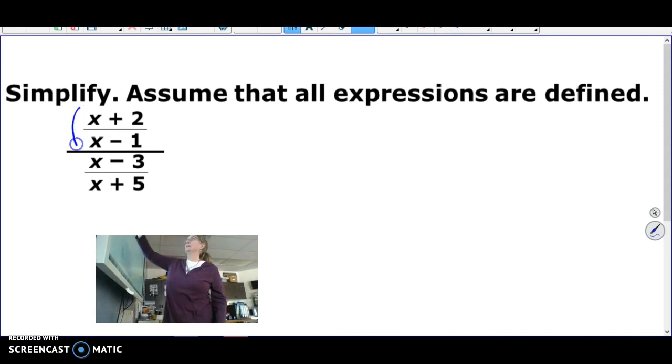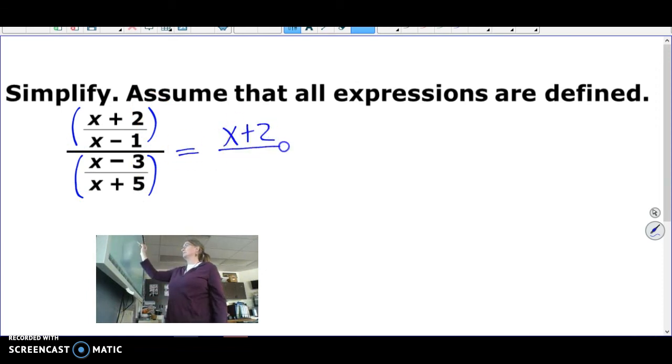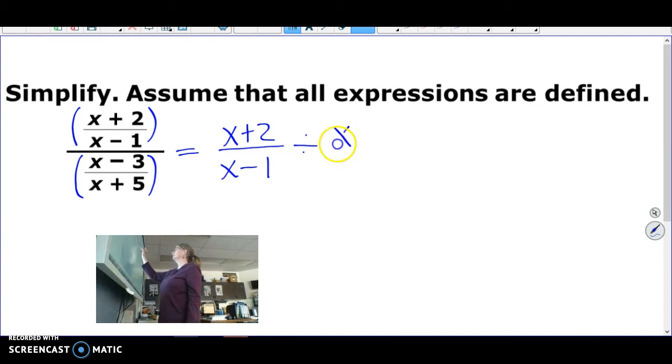So we have this fraction divided by this fraction, same concept. We're going to write it as a division problem with the fraction in the numerator divided by the fraction in the denominator.